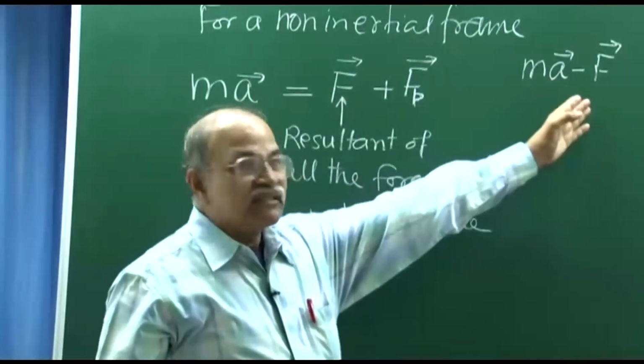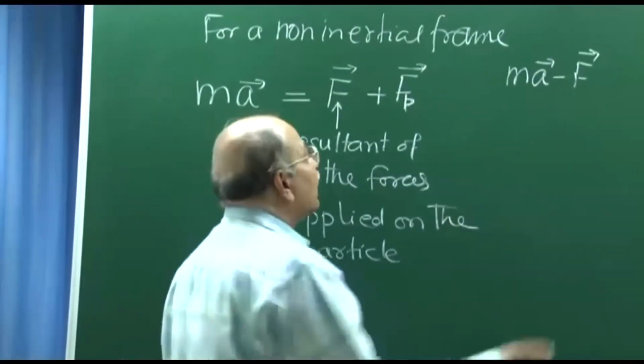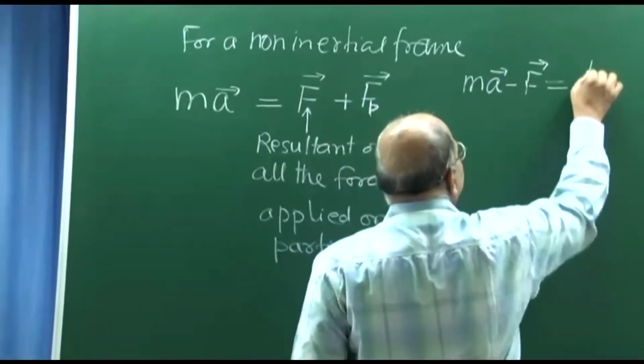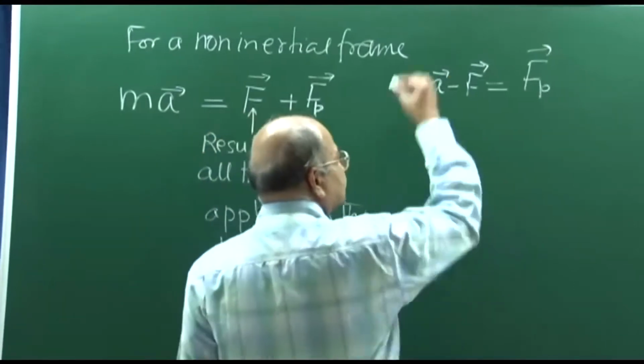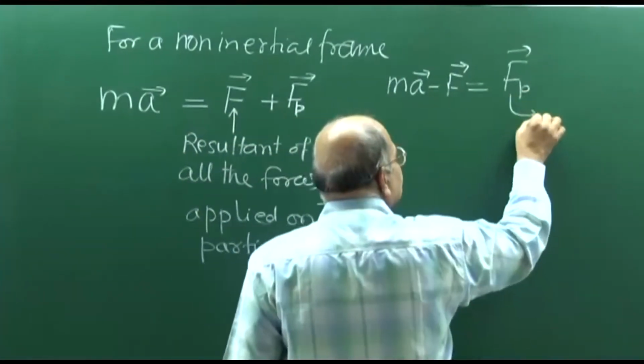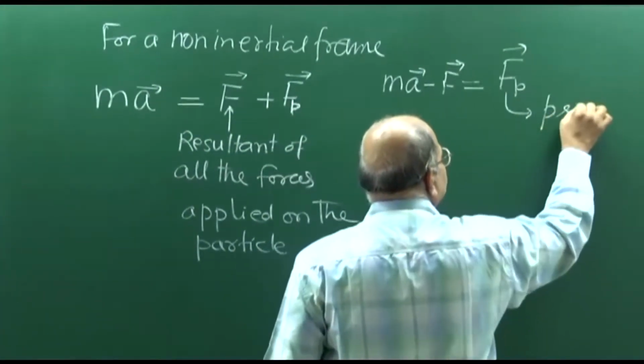So, ma minus F will not be 0, and that we are writing as Fp. And this extra term which is coming because of this non-inertial frame is known as pseudo force.